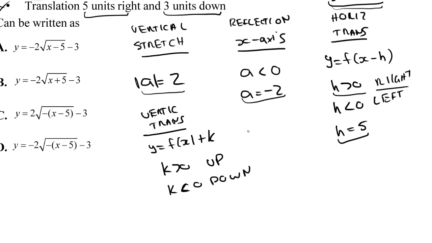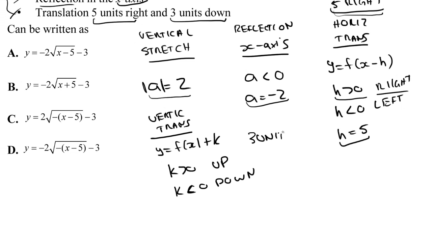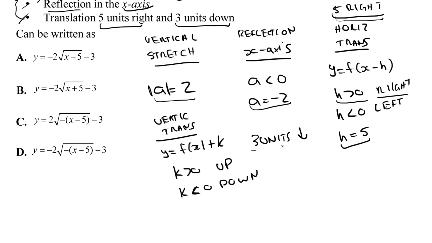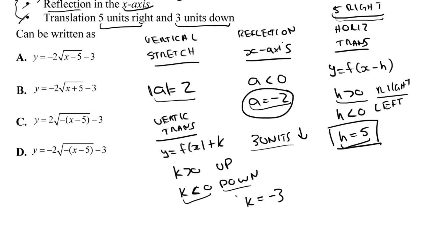And we said that we wanted to go 3 units down. So we can see here that we want k to be less than 0 so that it goes down. So our k is going to be equal to negative 3. Okay, so we have our a value here, we got our h, and we got our k as well.